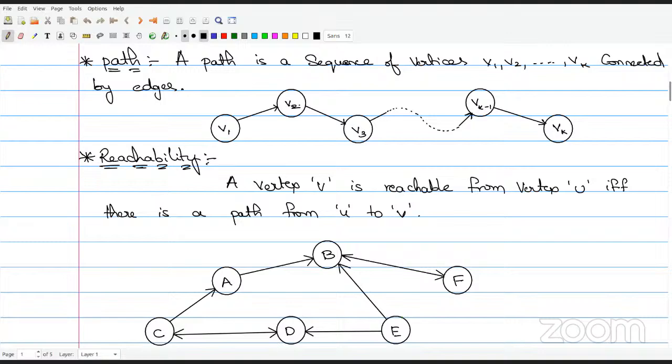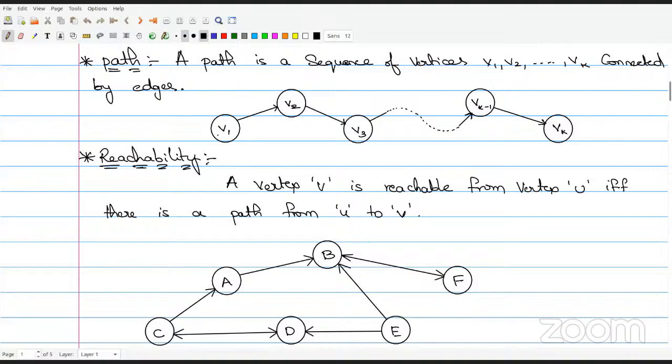And from v2, there is another edge connecting v3, so from v2 to v3 you can go. If I collect this v1, v2, v3, and so on to vk minus 1, vk, I get a path. Even the English meaning of path is where we can walk, a road kind of thing. Here also the same meaning: a path is connecting vertices.